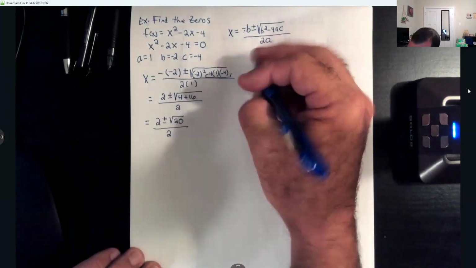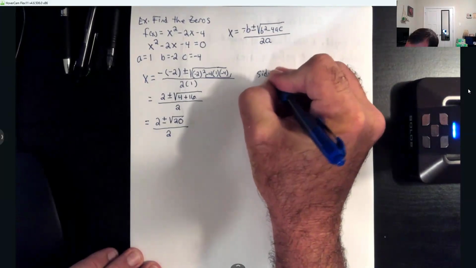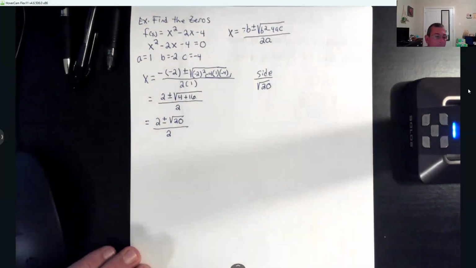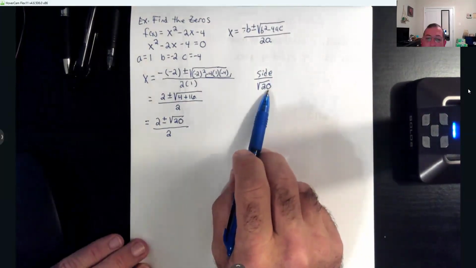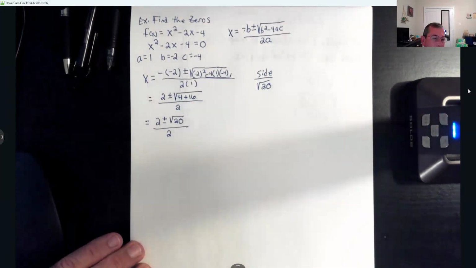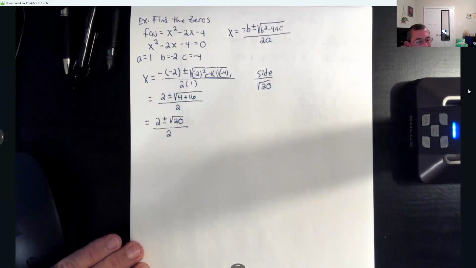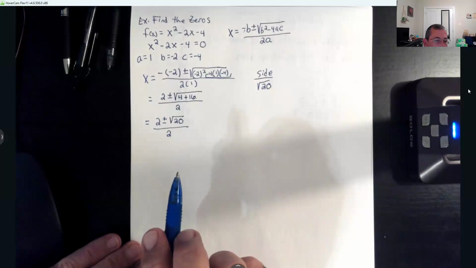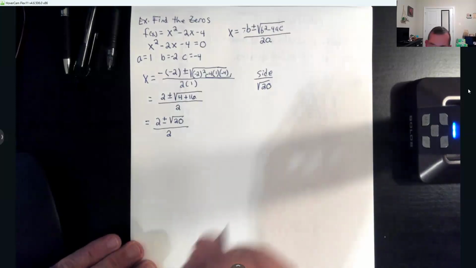So on the side, we're going to simplify that square root of 20. Well, what perfect square would be a factor of 20 out of that list we just did? So I think you got the final answer in that.